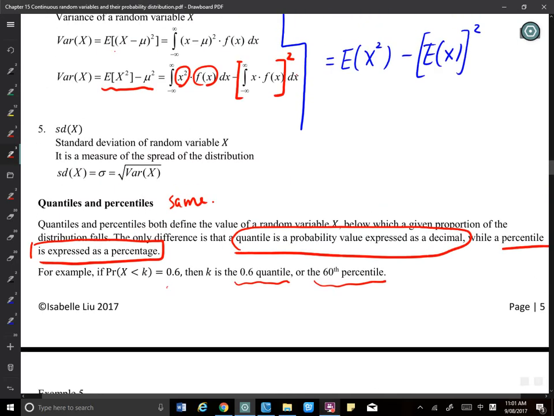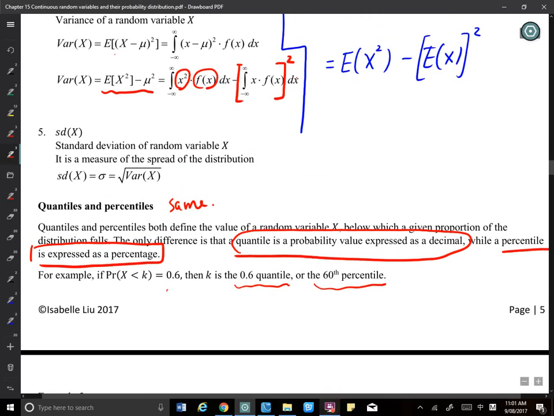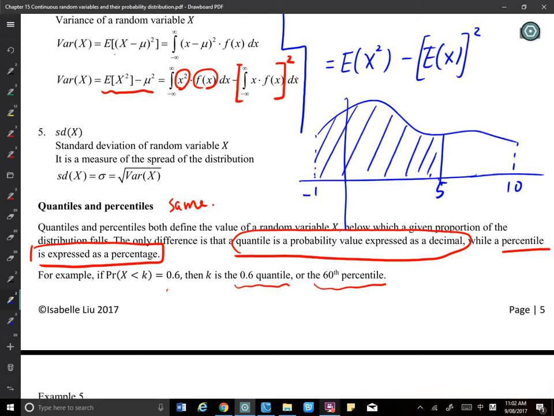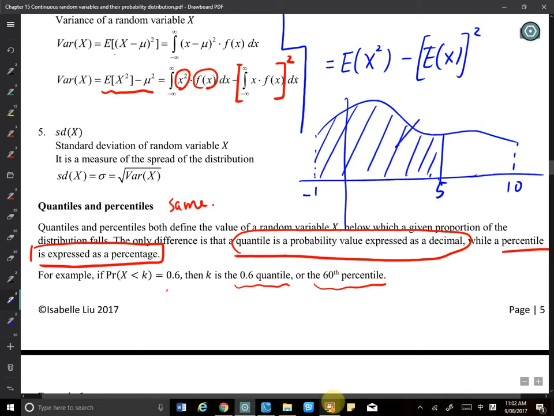So basically you have a distribution, and you want to see, let's say that it's from -1 to 10, and you have 5 here. What you want to know is 5 is what percentile or what quartile. So you will find the area to the left of that point, not to the right, to the left of that point.